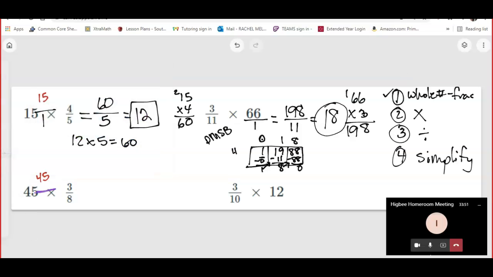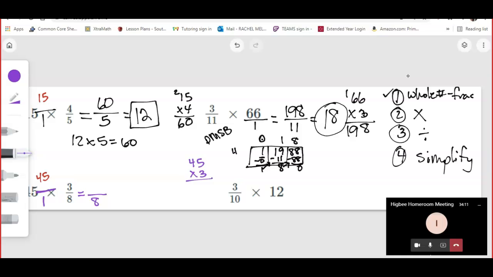All right, so I know I need to change 45 to 45 over 1. Okay, I always like to do the easy ones first. What's 1 times 8? 8. Okay, so now we need to do 45 times 3.